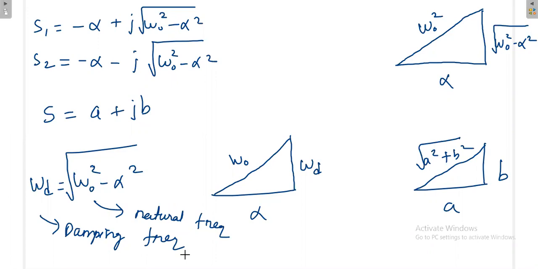If you see these complex numbers, both have a real part, but the real part is negative. The imaginary parts are complex conjugates: one is plus j and the other is minus j, with the same value. If you try it on a graph, the roots will be something like this.